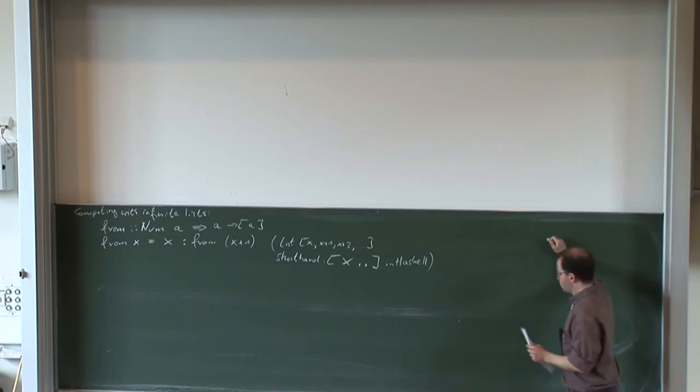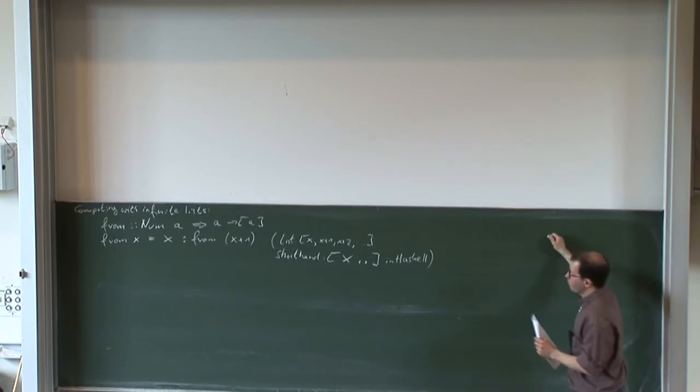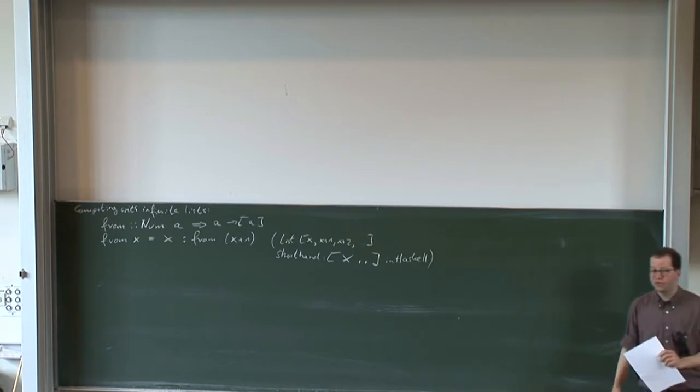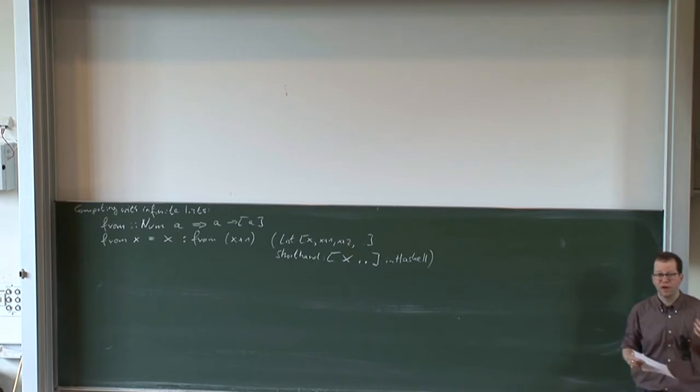And how can you now compute with such infinite lists? Now, when you compute, of course, you want to have a result after finite time. So, infinite data objects can be used for actual computations, provided that your algorithm only needs a finite part of this infinite data object.